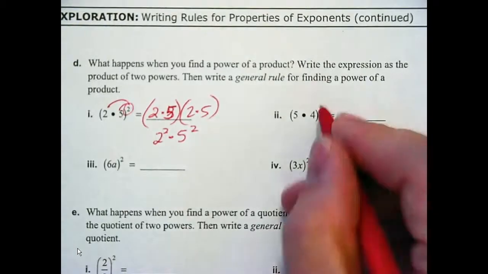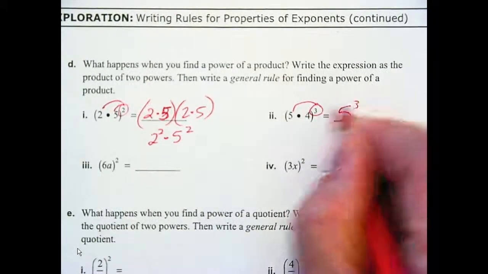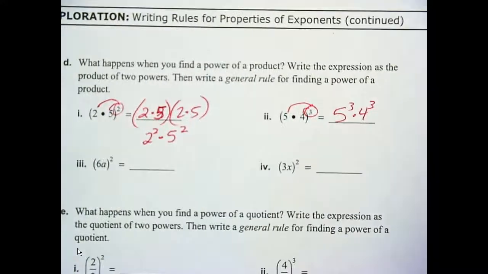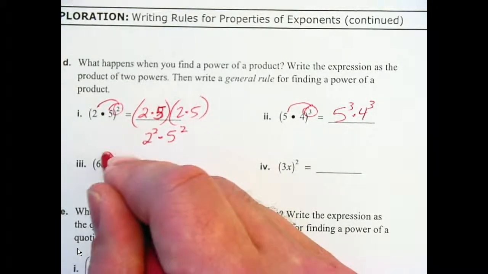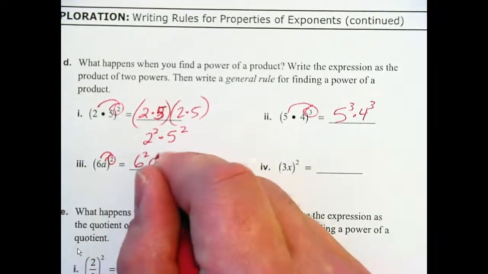Okay. This one's going to be 5 to the third and 4 to the third. So it's like you're distributing that power to each thing. Here you have 6 squared and a squared.